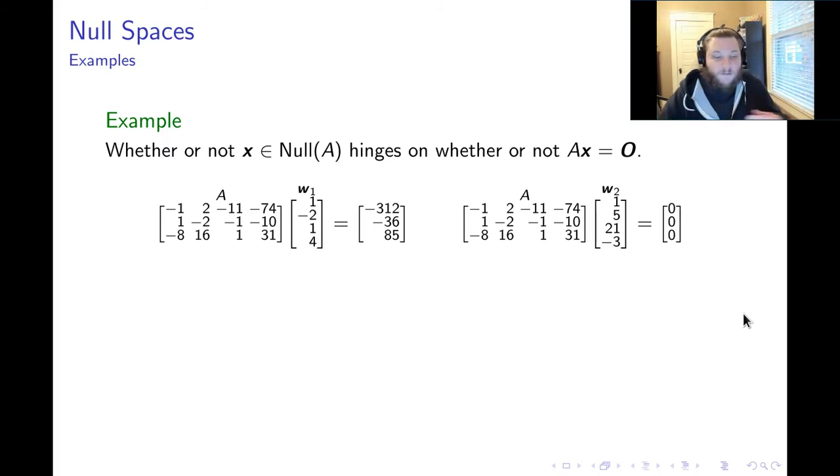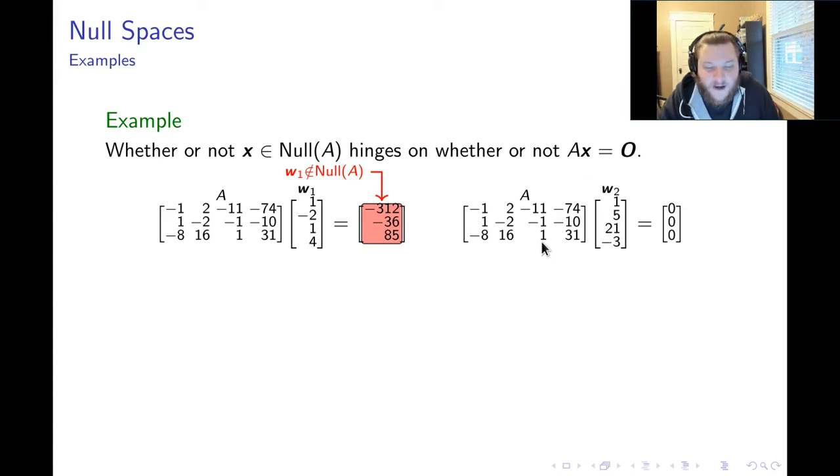Remember, whether or not a vector belongs to the null space hinges on whether or not, when we multiply the matrix by the vector, we get the zero vector. Again, we have examples here. On the left, we're taking a 3x4 matrix and multiplying by this vector W1 in R4. The product is definitely not the zero vector, so W1 does not belong to the null space.